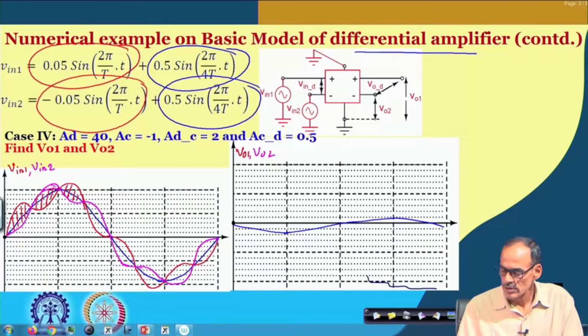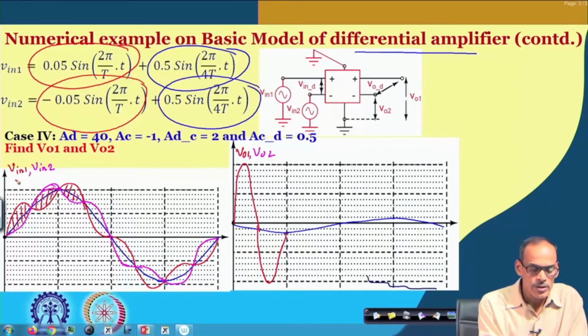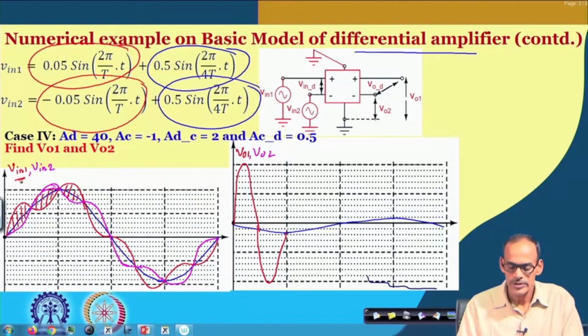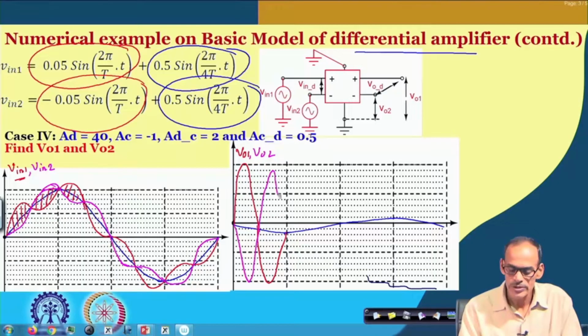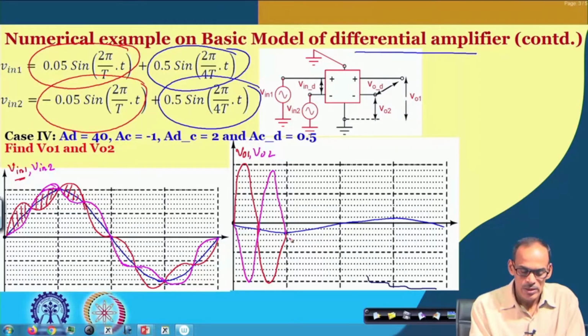What we get at VO1 and VO2 is almost an amplified version of the individual signal, namely the differential part of the individual signal. And what we said is that the common mode part got suppressed. So, the blue part got suppressed, and the differential part got amplified.